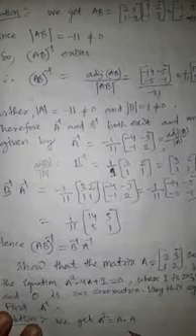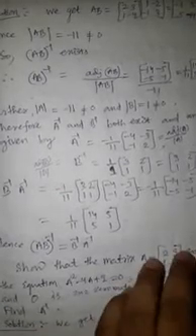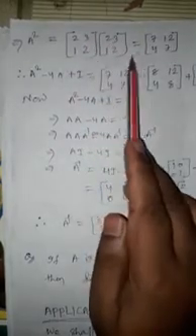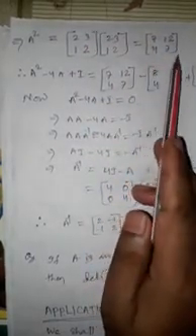First we take A square is equal to A into A. This is the A value [2, 3; 1, 2] times [2, 3; 1, 2]. That is equal to [7, 12; 4, 7].